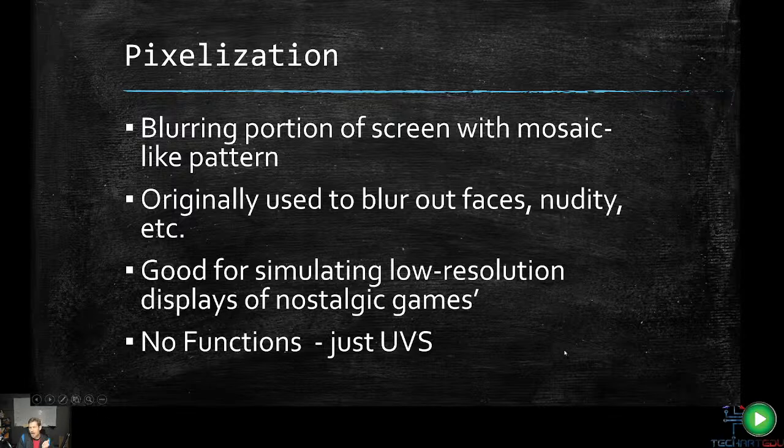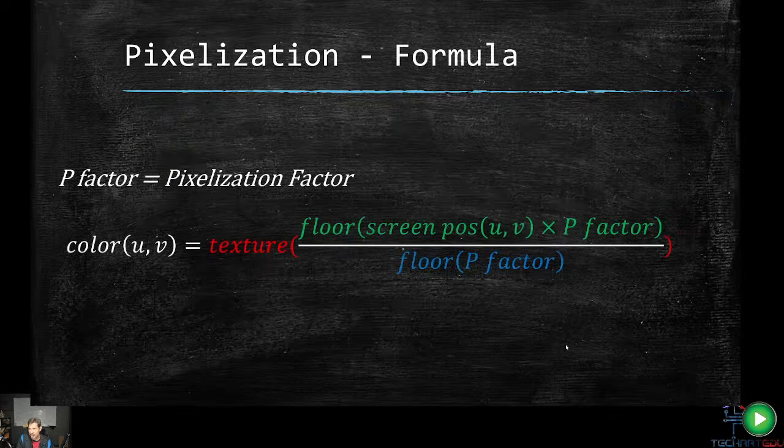All right, so the thing you have to be aware of is that there's one basic formula that actually works with this, and that's this. Okay, there we have this fancy, colorful function, and the thing we got to know is we have some kind of variable. We're going to call it a p factor, a pixelization factor. Now, this pixelization factor controls how much pixelization we want. Do we want a lot or a little? I don't know. It's controlled by the p factor.